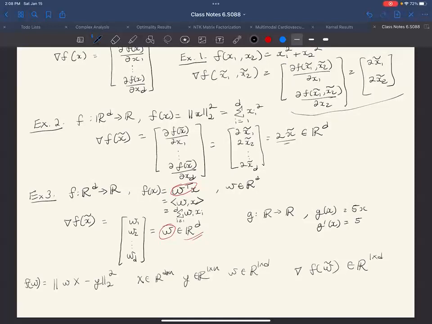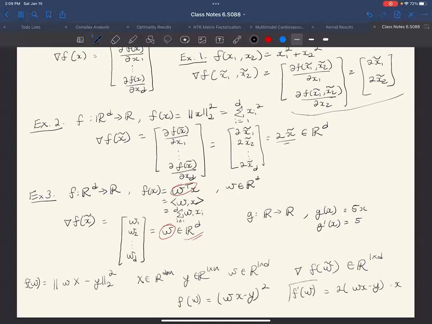And think about even what happens in the 1-dimensional case. So if everything is 1-dimensional, I would have just (wx minus y) squared. Sorry, this is a function of w. If I take the derivative, I would get something like 2(wx minus y) times x.